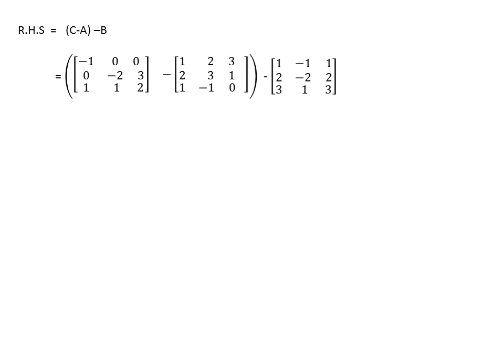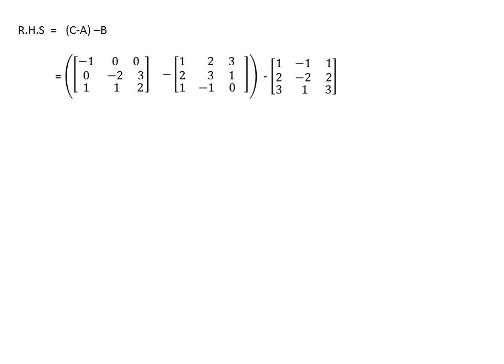Now, we will solve the right hand side, which is equal to (C minus A) minus B. Now, elements of the matrices C minus A are written in parentheses, and after this we will write minus elements of the matrix B. First of all, matrices in the parentheses are solved firstly.